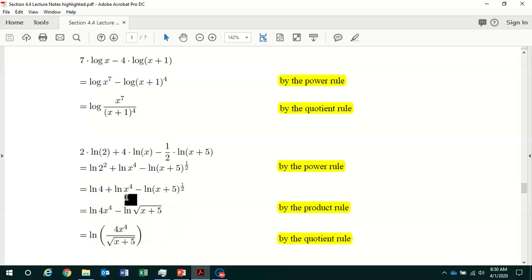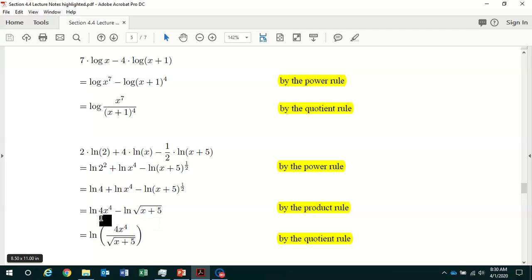And now we have a sum of 2 logs in the same base, so we can apply the product rule to that sum. That's equal to the natural log of 4 times x to the 4th. And remember, anything raised to the 1/2 power means square root. And so the natural log of x plus 5 to the 1/2 is the same as the natural log of square root of x plus 5.